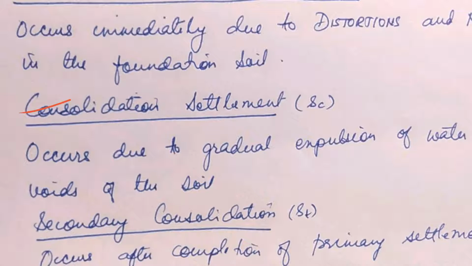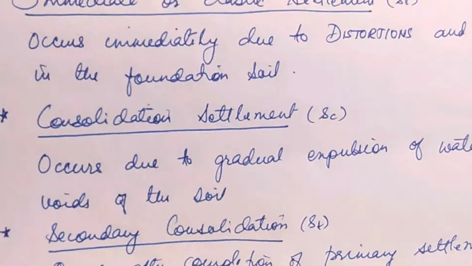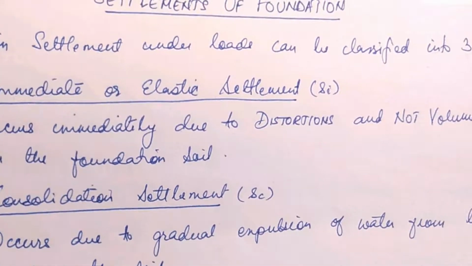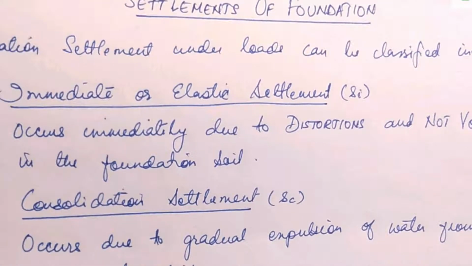Let's do some more analysis on settlement. We know that the immediate settlement occurs due to distortions and not because of any volume change in the foundation soil. And this type of settlement actually takes place during or immediately after the construction of the structure.